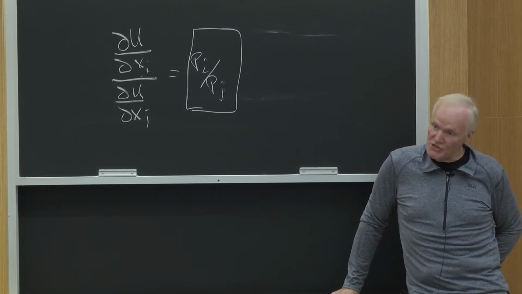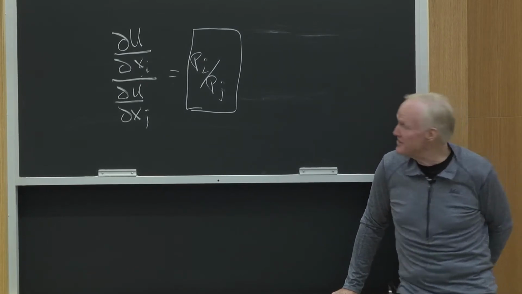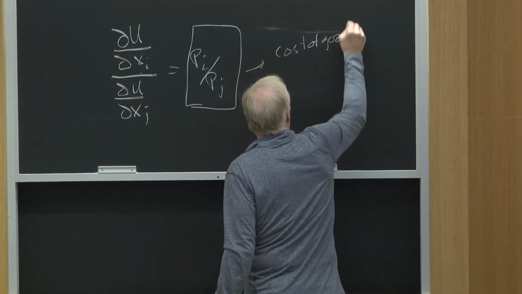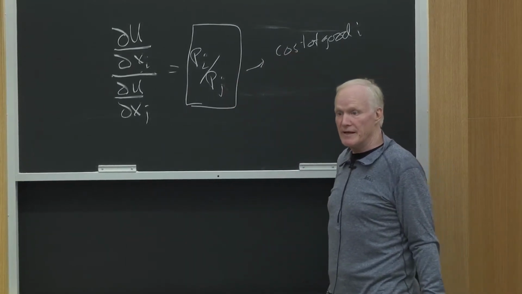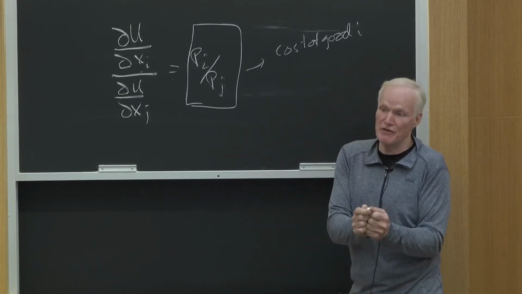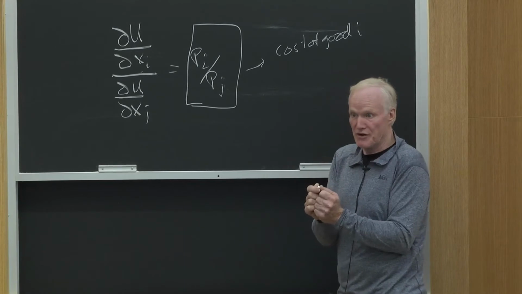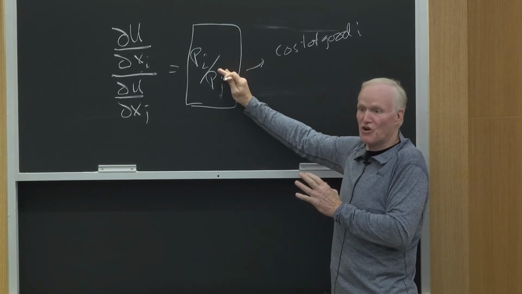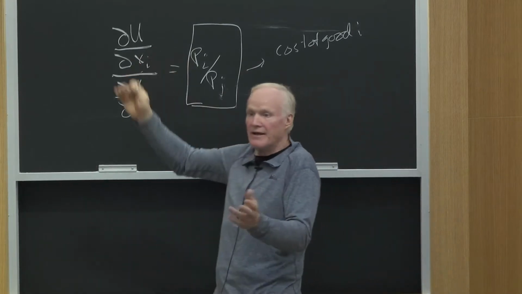Otherwise known in economics as the cost of good I, expressed in terms of units of good J. So this is the cost of good I. And because I divided by Pj, it's expressed in terms of units of good J. It says you've got to give up 3 units of good J to get a unit of good I. It costs me 3 units of J to get a unit of good I. This is the cost of consuming good I. The more I want, the less J I get, or I could have divided by K, less of all the other goods.